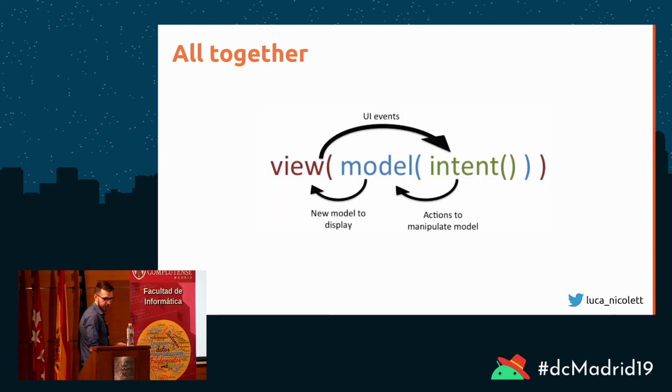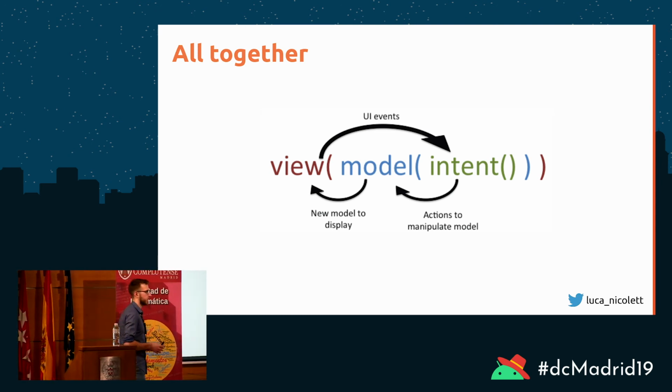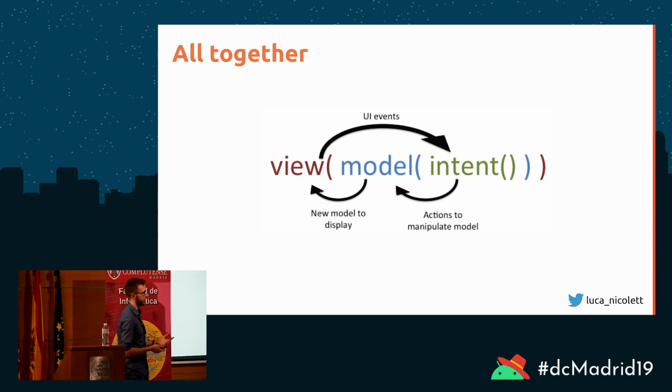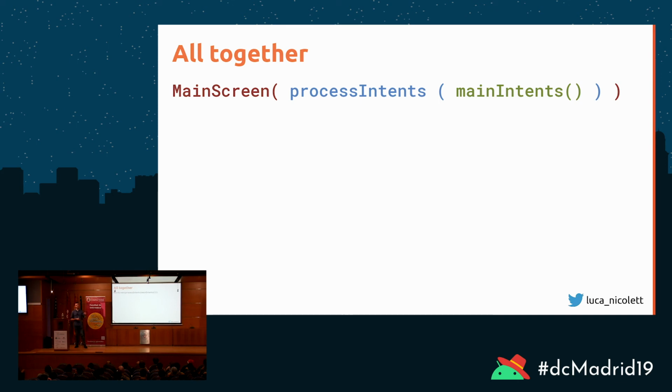And that's all the code that's going to be in our activities. Apart from that, main intents, which is a sum of all the intents that can be produced by that activity. If you're familiar with RxJava, it could be just an Observable.from and the list of all the intents that can be produced by that activity.